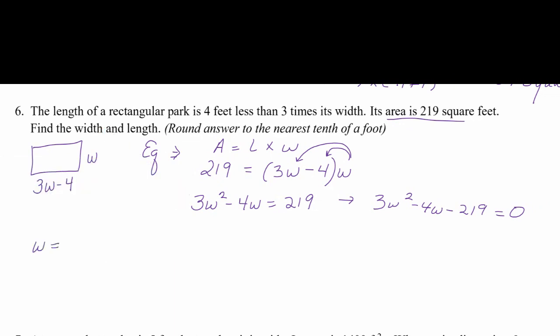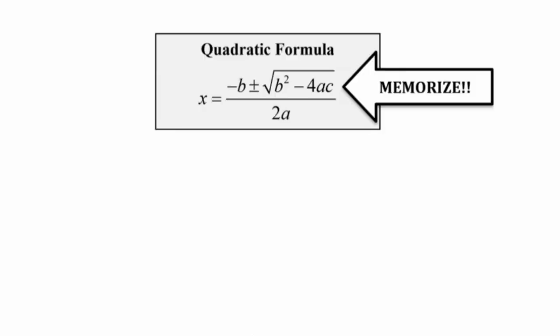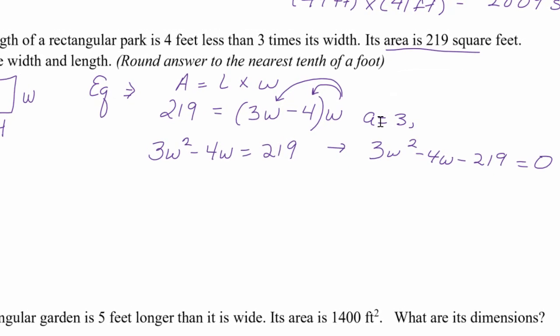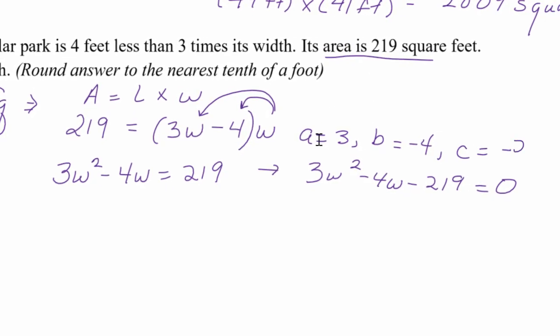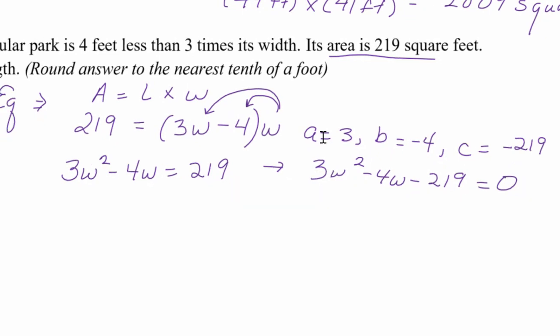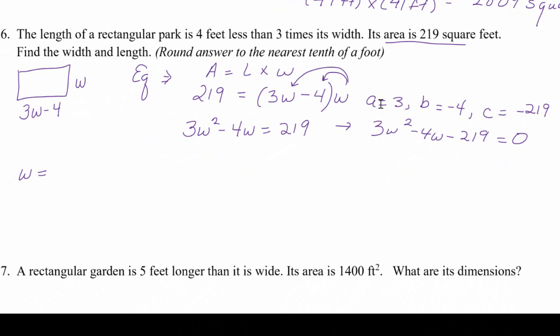So, do you remember the quadratic formula? A is 3, B is negative 4, and C is negative 219. So W, because our variable is W, is the opposite of B, which will be the opposite of negative 4, or a positive 4, plus or minus the square root, big square root, and then B squared, which is negative 4 squared, would be 16, wouldn't it?